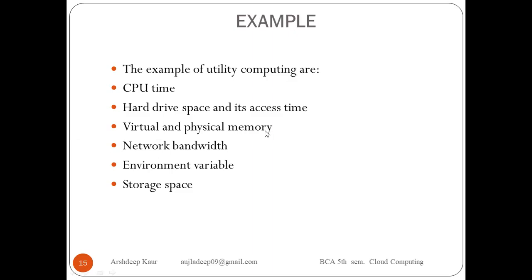First, CPU time. We can pay the money to the vendor to get the CPU time. We can purchase the hardware, hard drive space or its access time. Even we can purchase the virtual and physical memory. We can purchase the network bandwidth, environment variables, and storage space. These are the application areas where we can use utility computing.